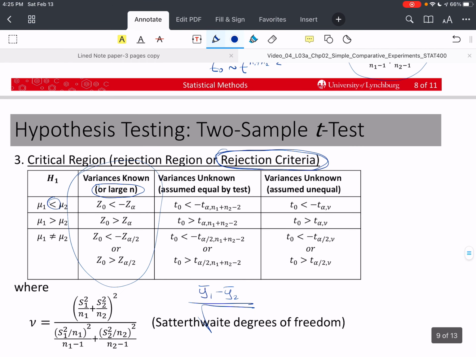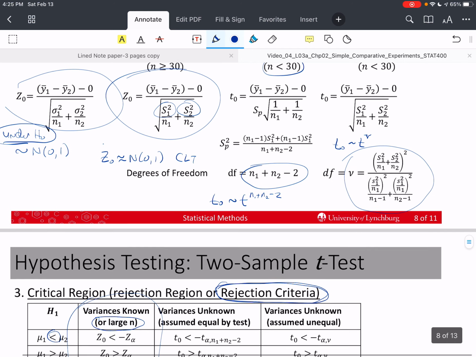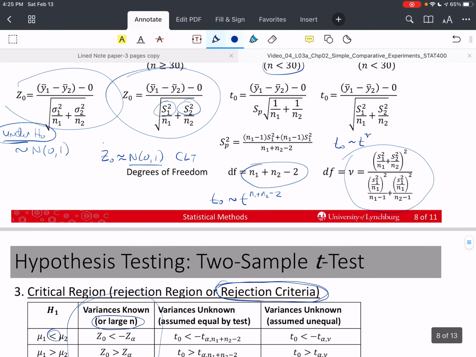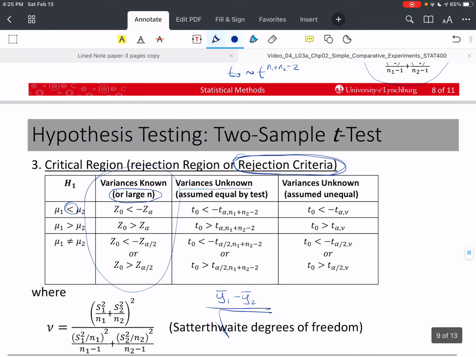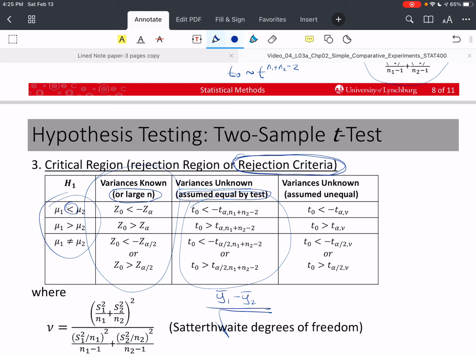And so it's the same way that we calculate, except now instead of sigma, we have S. And in both cases, we say that z naught, we're assuming it's close to a standard normal distribution. When we have unknown variances and they've passed the test that says they're equal, then we can use this set of criteria depending on our alternative. When they do not pass the test for equal variances, then we have to use this set of criteria, again where nu is calculated using the Satterthwaite degrees of freedom calculation.